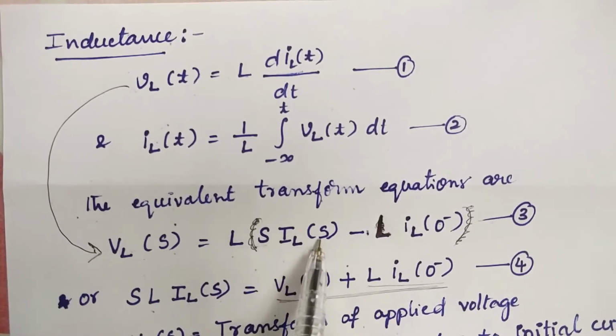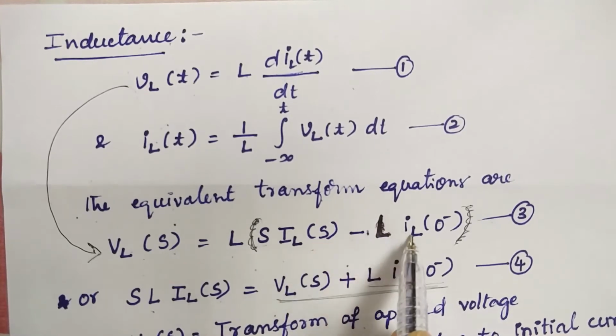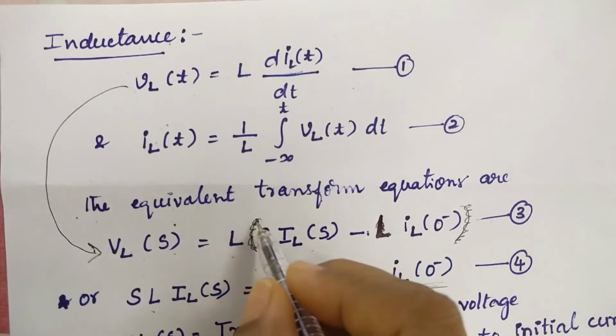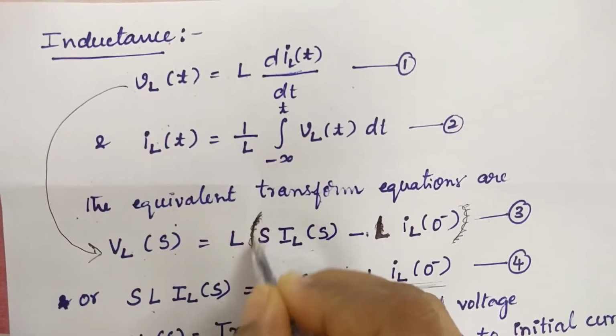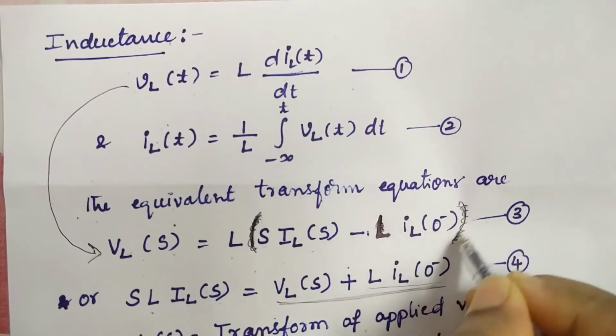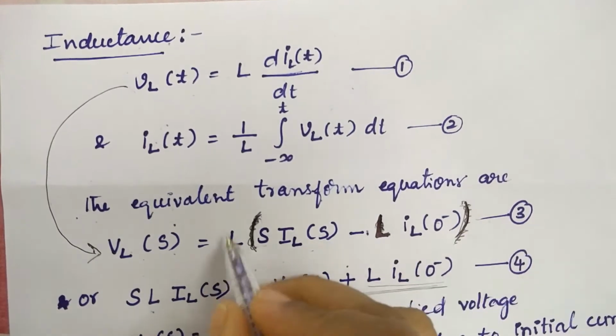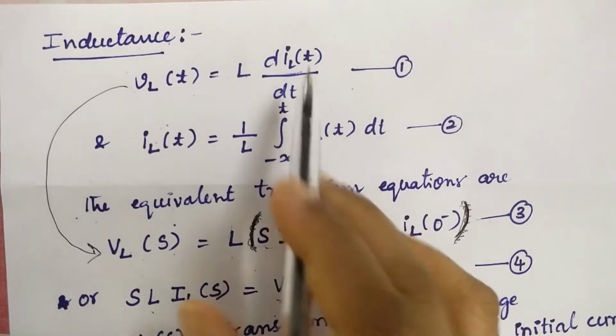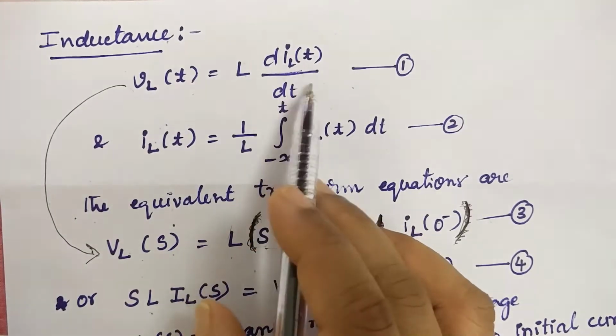Because an inductor does not allow sudden changes in current, sometimes it can have some initial current. Let us take that initial current as IL of 0 minus. If you are having some confusion, you can use a bracket like this. L into the Laplace transform of d IL of t by dt.